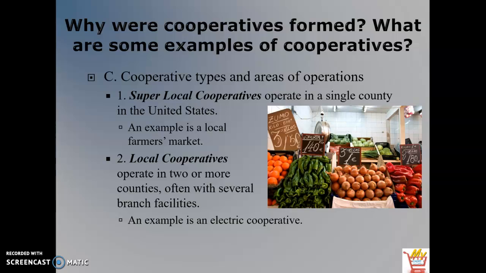So, a rural electrical cooperative, say an REMC that existed in Boone and Montgomery County, or Boone, Montgomery, and say Hendricks County. That would be an example of a local cooperative, an area of 2, 3, maybe 4 counties.